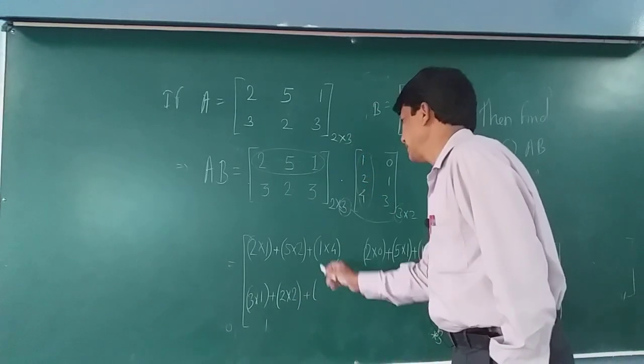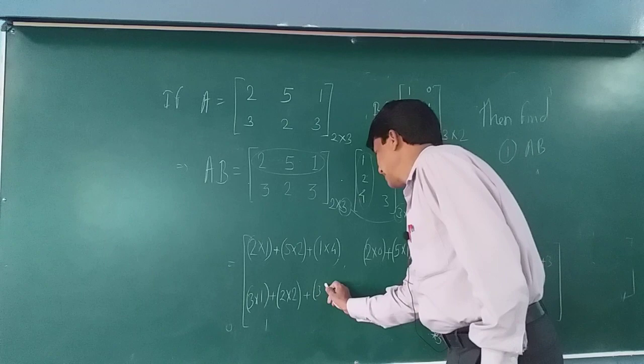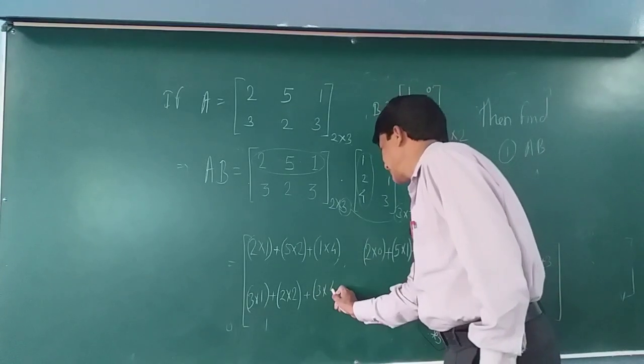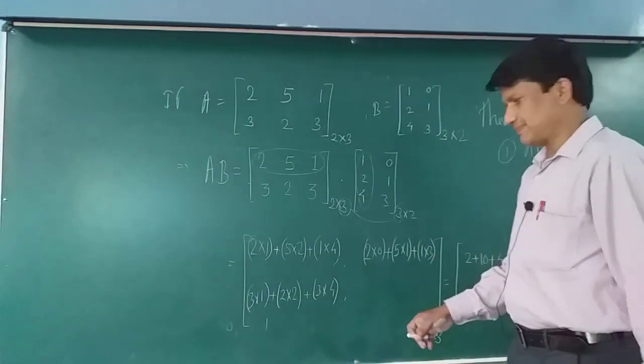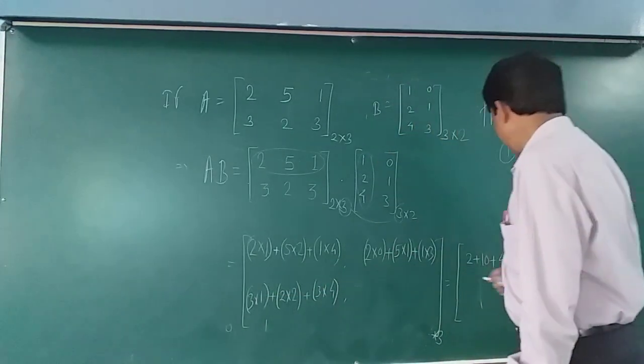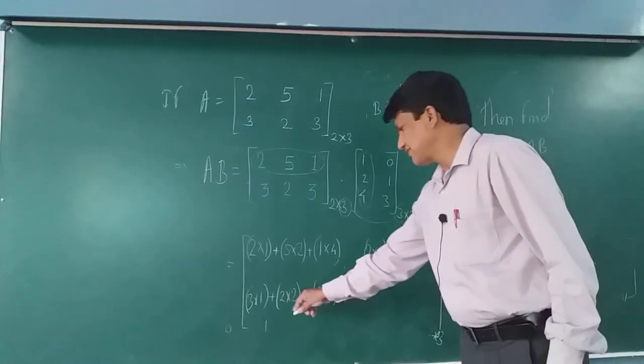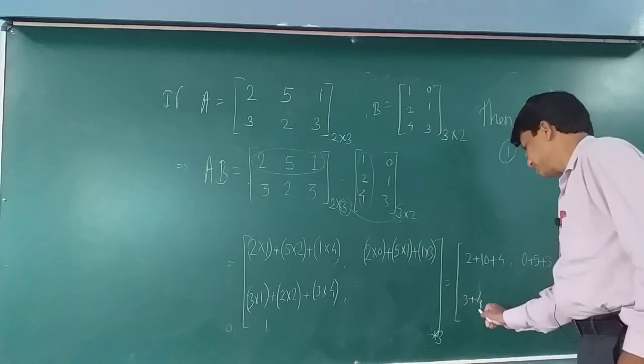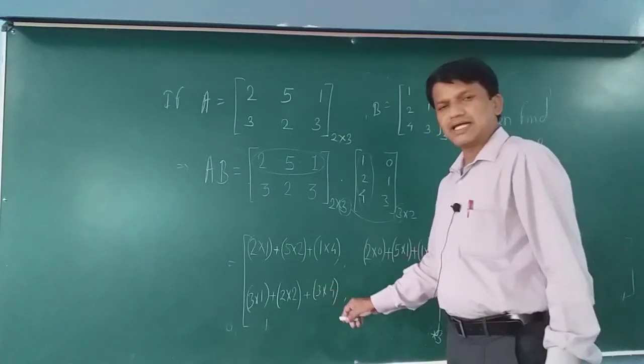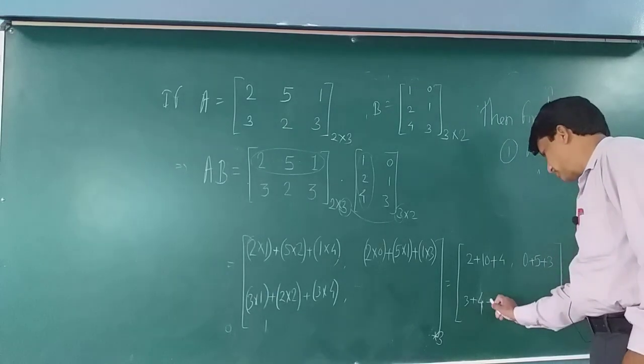Plus 3 multiply by the third number 4. So what will be the answer? 3 into 1, 3, plus 2 into 2, 4, plus 3 into 4, it is 12.